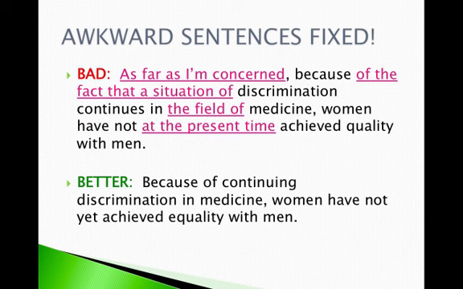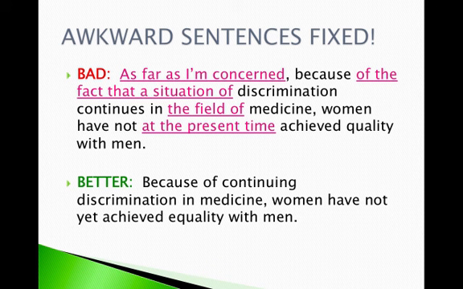Okay, so here are those awkward sentences fixed. Instead of, as far as I'm concerned, blah, blah, blah, you can see that in the second one, all of the pink underlined text has been removed, and we then have the heart of the point there, which is because of continuing discrimination in medicine, women have not yet achieved equality with men.